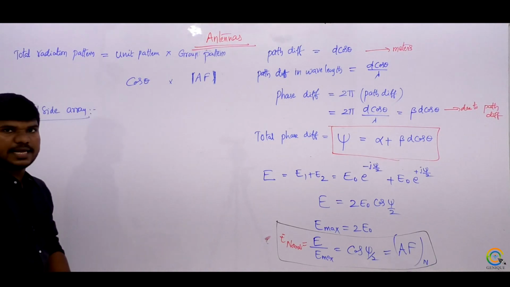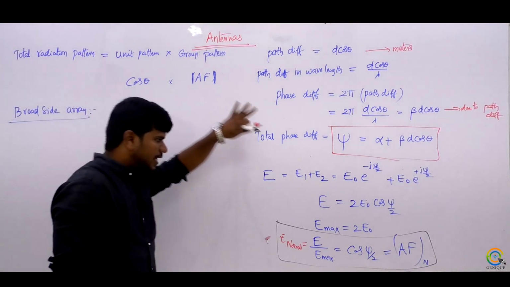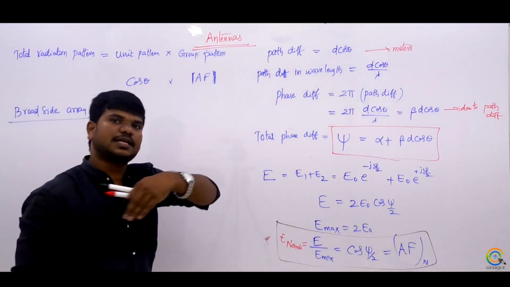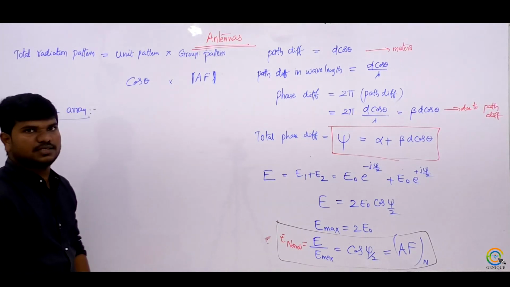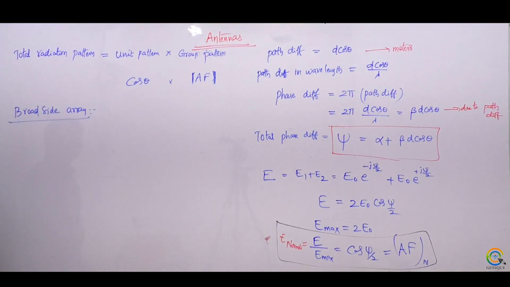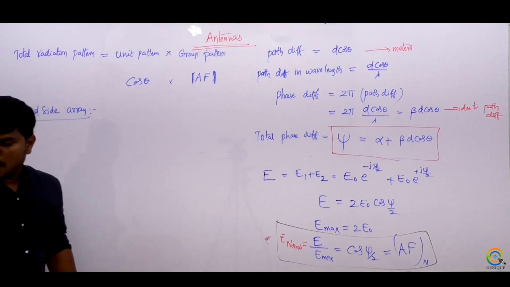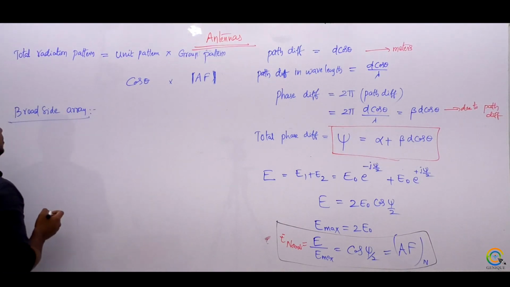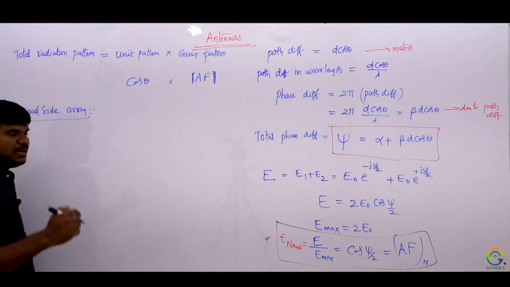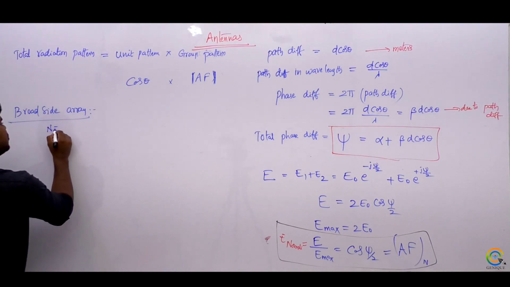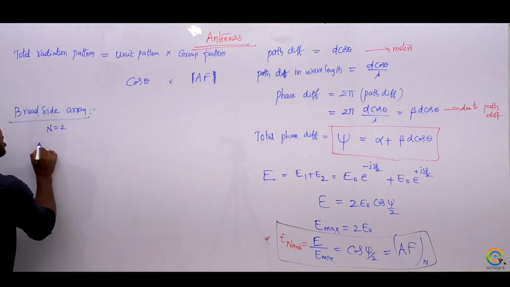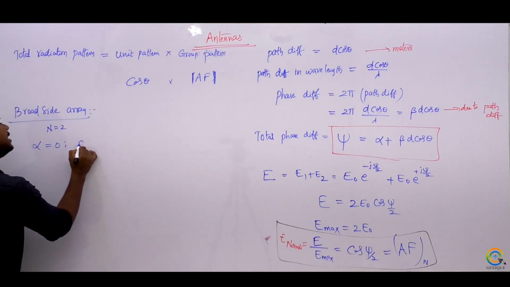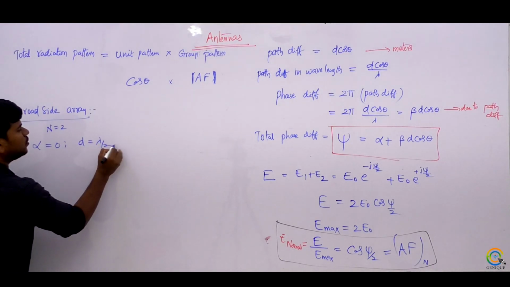Up to here, the entire process is the same for all types of antenna arrays. So if I take a broadside array of two elements, here n is equal to 2, alpha is equal to 0 and d is equal to lambda by 2.